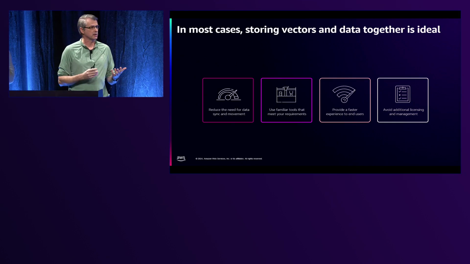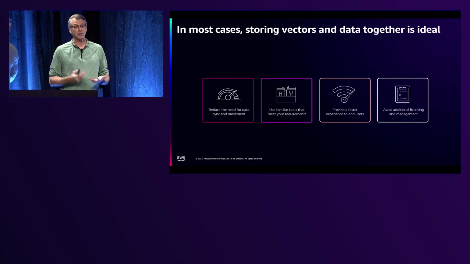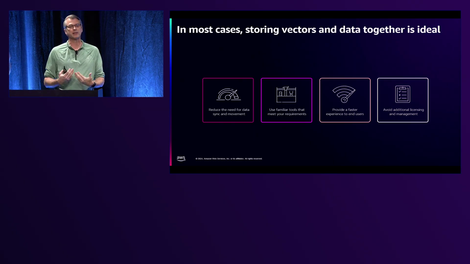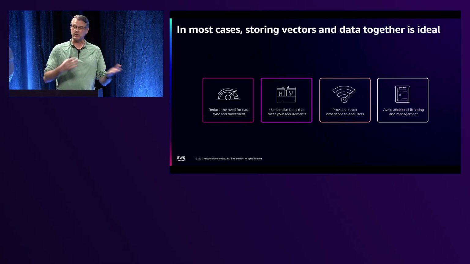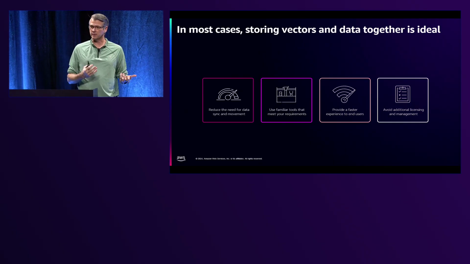The other aspect is from coding. You can continue to use the APIs that you're already familiar with. Going back to the example, if you're already using DocumentDB, you're familiar with the APIs, how to access data, how to insert it, update it, query it. You don't have to learn another API to interact with a different vector database.